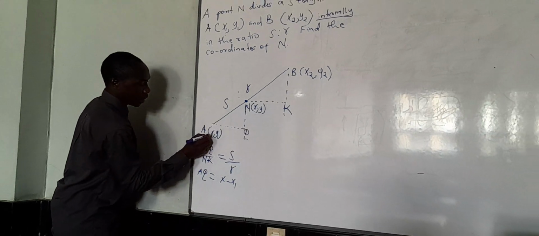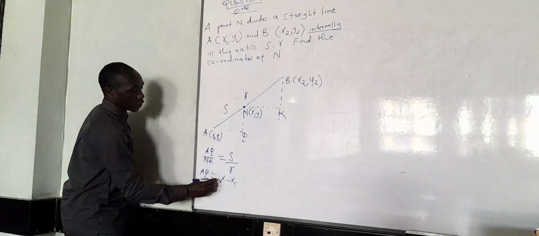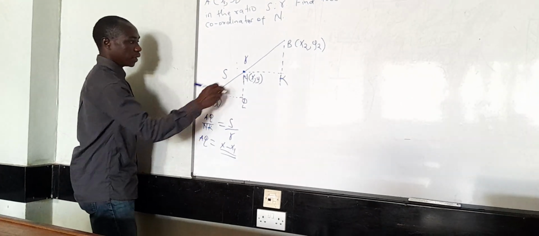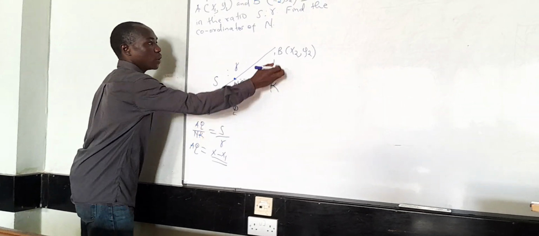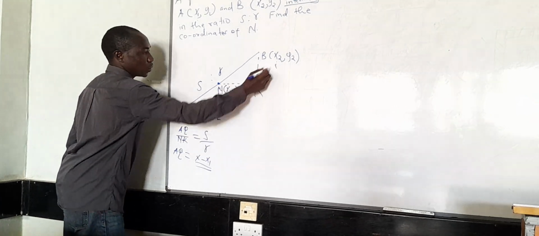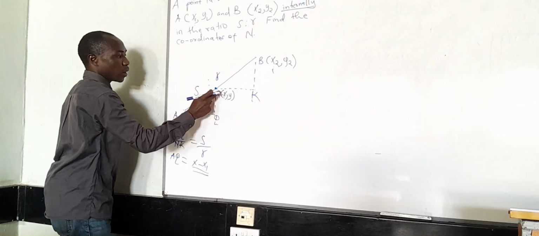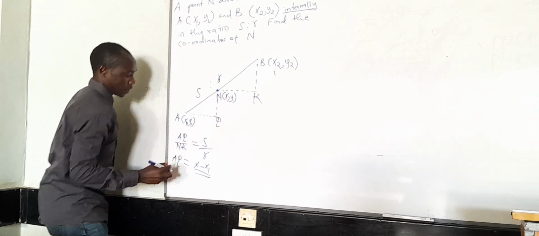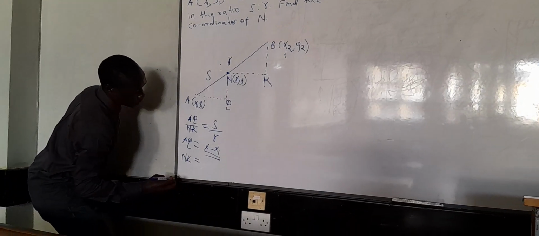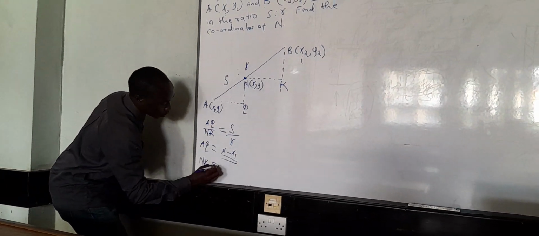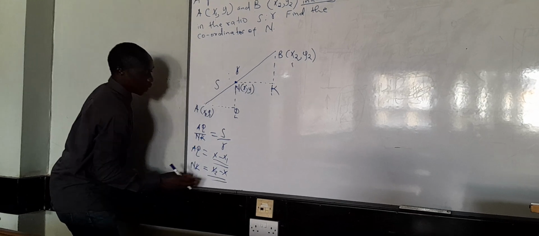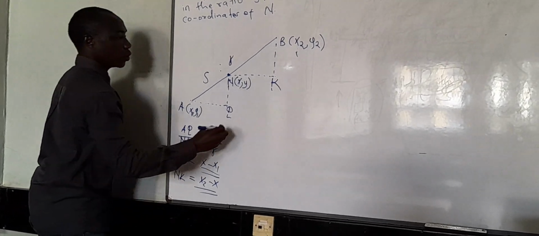And then NK, from here up to here: the value of x here is x2. So NK becomes x2 minus x.